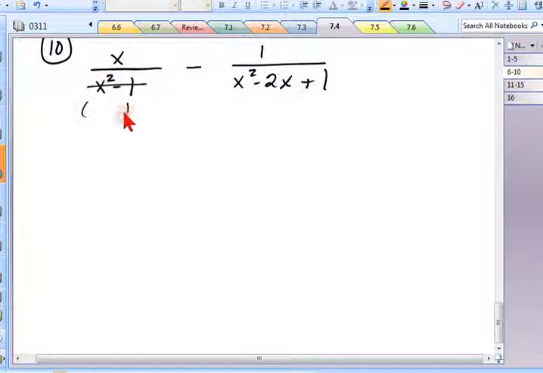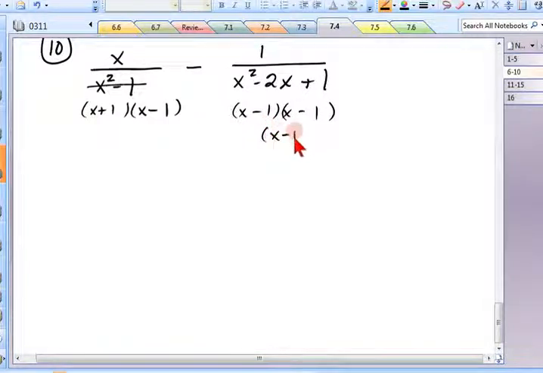That's going to factor into x plus 1 times x minus 1. I'm going to factor the second one. It's a trinomial, so I'll go with trial and error. I need a minus and a minus. I need an x and an x. How about x minus 1, x minus 1? What is the safest way to write this? X minus 1 squared, so that I won't forget an exponent.